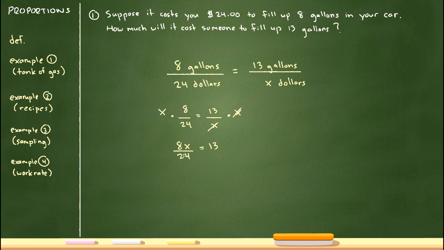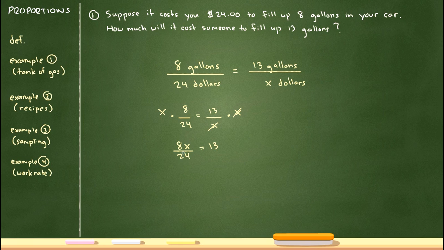Next, I want to get rid of my 24 here. There's a couple ways to do this, but I suppose we could go ahead and multiply by 24. Actually, what would be easier here is instead of writing 8x/24, the fraction 8/24 reduces to 1/3.